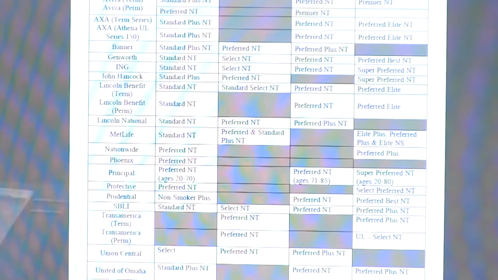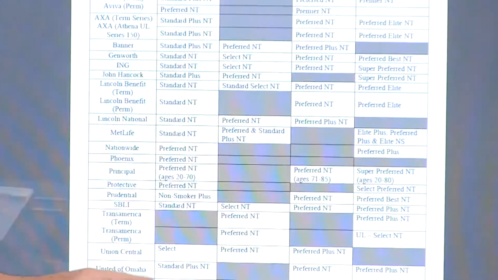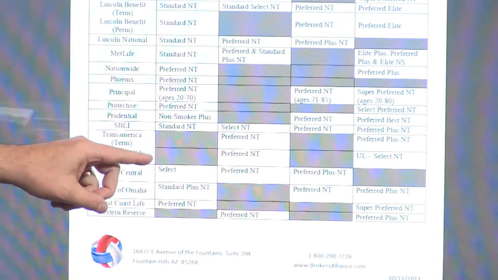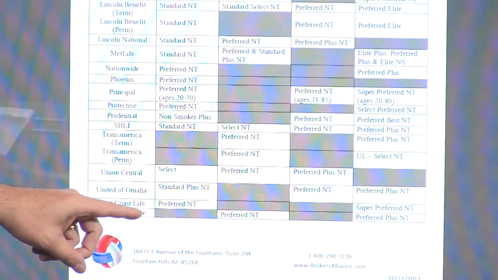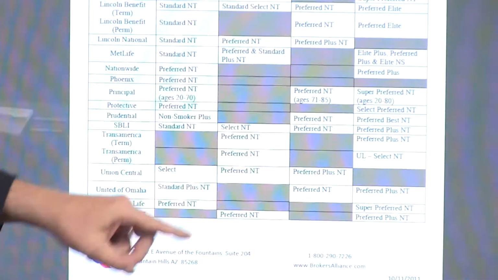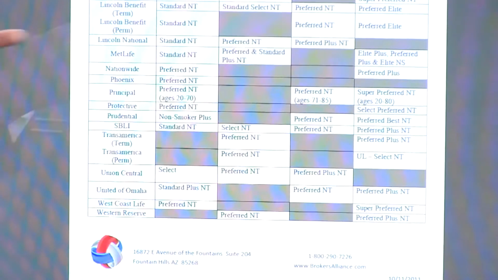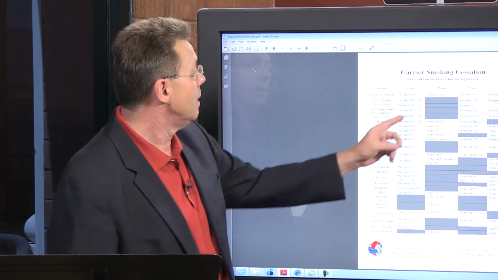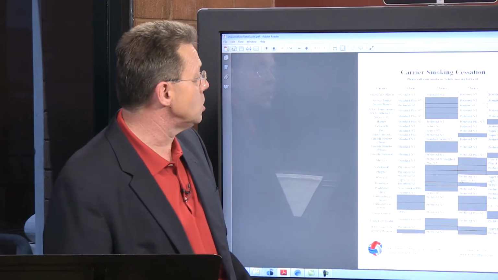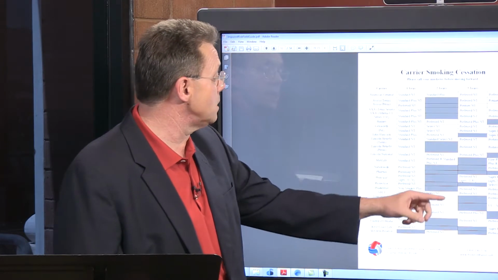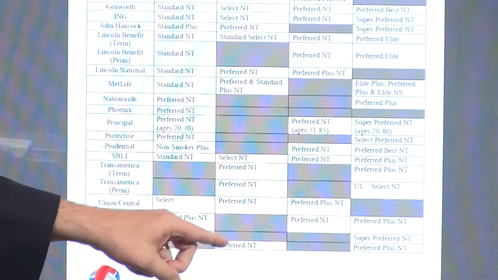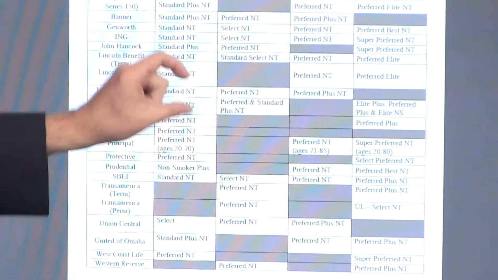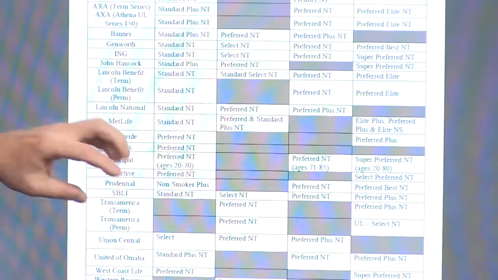When I go down all these lines, I'm picking off 1 year. There is a preferred non-tobacco. So there's about 3 carriers, only 1 year of smoking cessation, and you can get that rating. In the second year, I notice I start to move up into preferred non-tobacco, and some of them actually have preferred plus. They don't use the language on this grid like that, but it's kind of secondary.